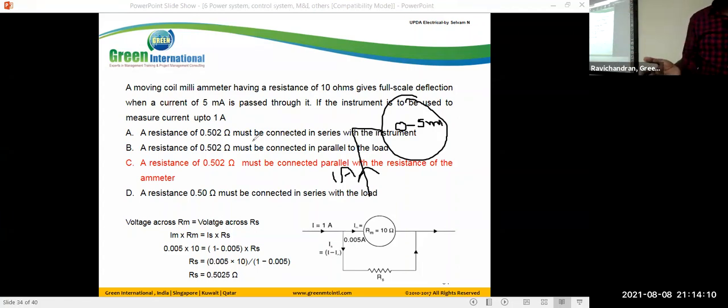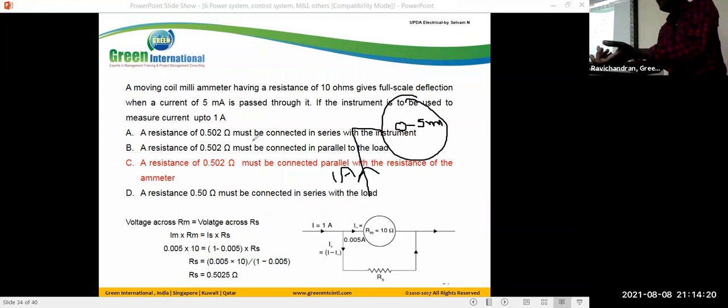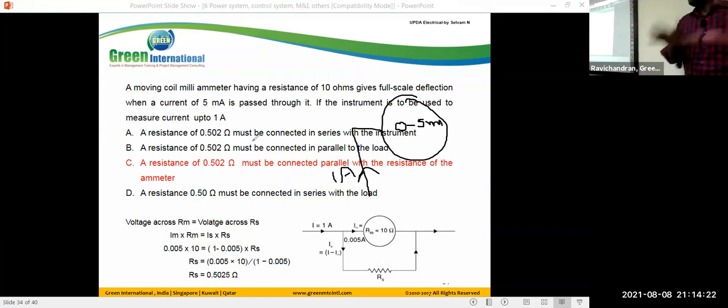We are not able to use this meter to measure 1 amp. But we need to measure 1 amp. In what way can we use this meter to measure 1 amp? That is the question, because in our lab we don't have a 1 amp meter. We have only a 5 milliamps meter. So this is the question.